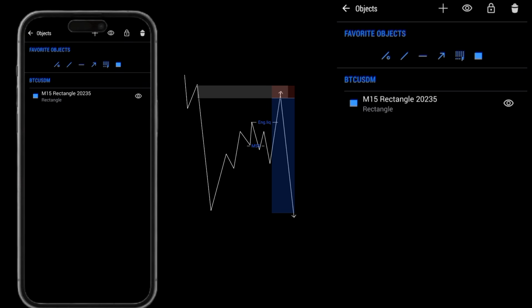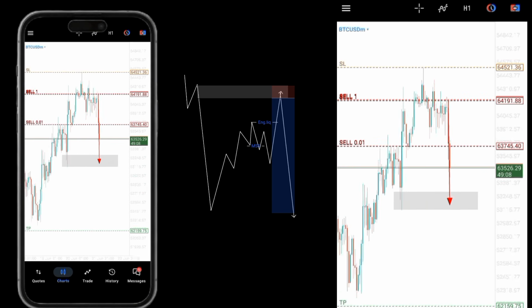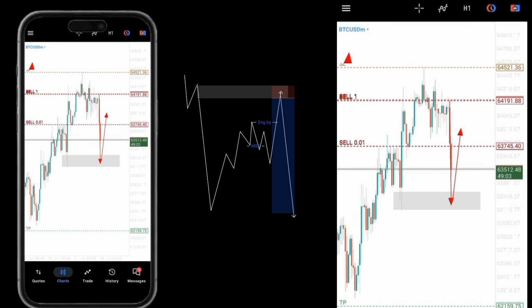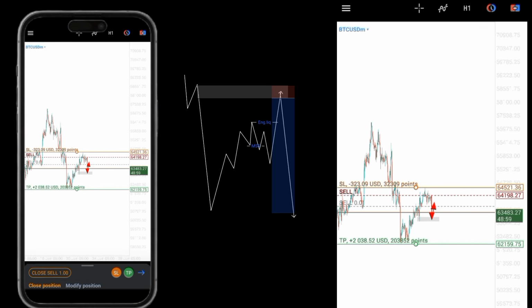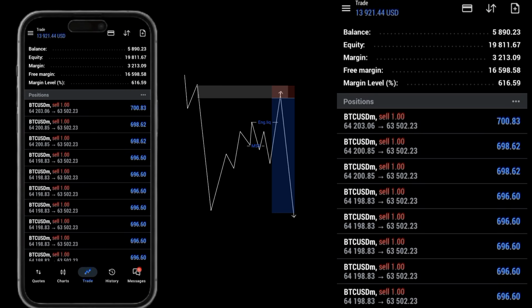I won't be taking that setup because I'm not actually sure. We are very bearish, and taking that setup after a break of trend line is actually risky. So I'm not actually sure price is going to do that. So I'll let the trade just pass me by, and I'll just book this profit.